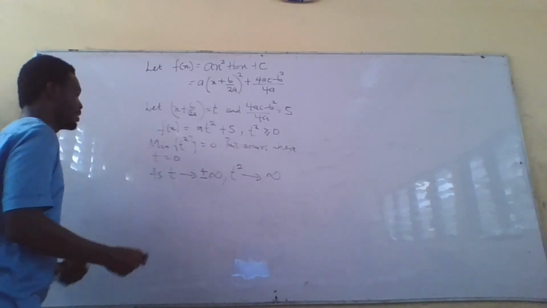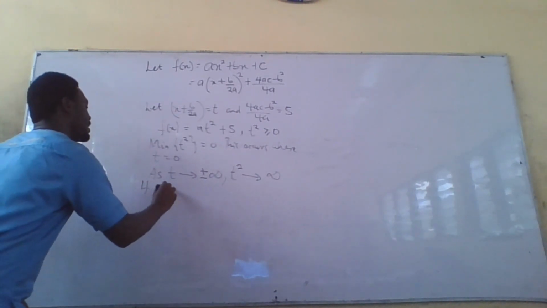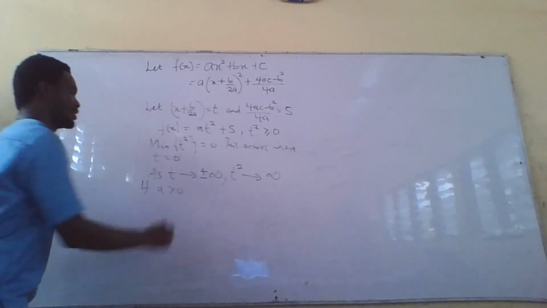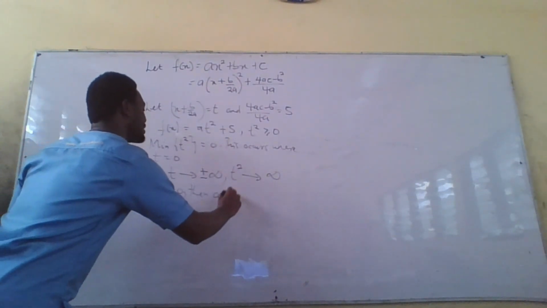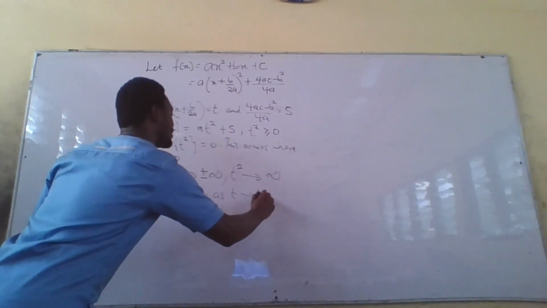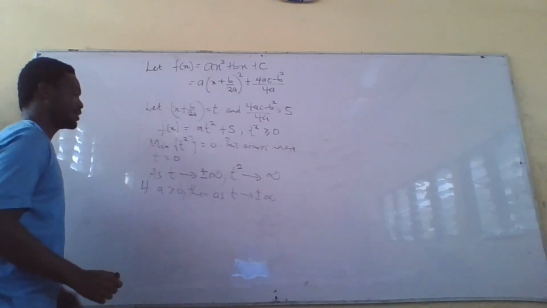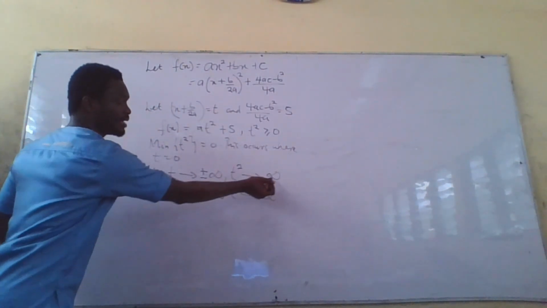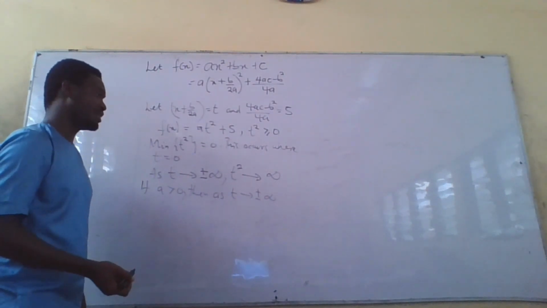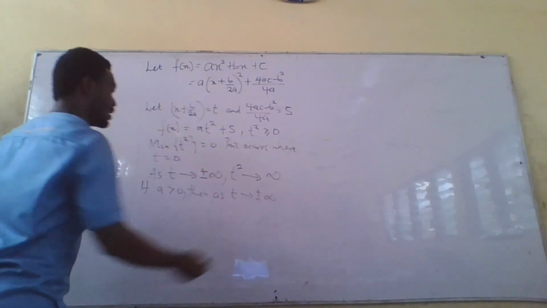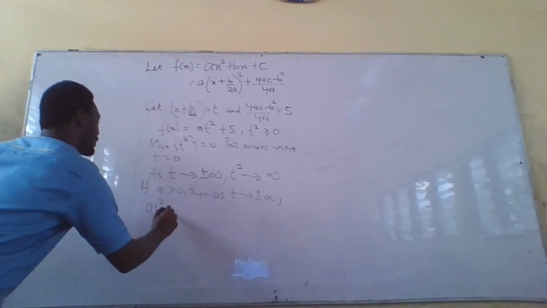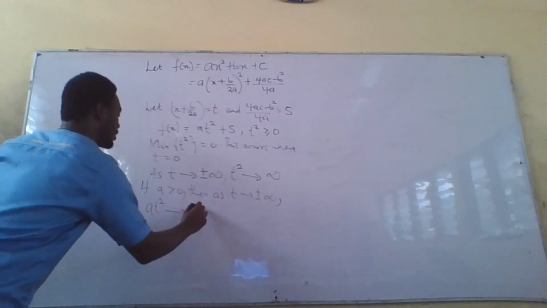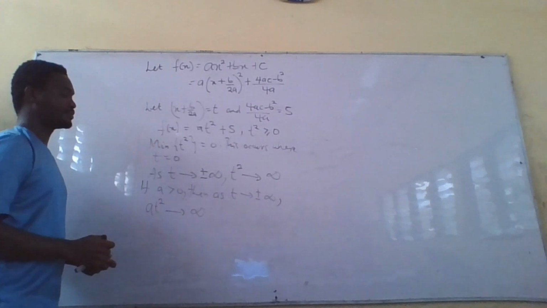So now, if a is positive, then as t approaches plus or minus infinity, and we noted earlier that t squared approached positive infinity, a t squared is going to approach positive infinity.